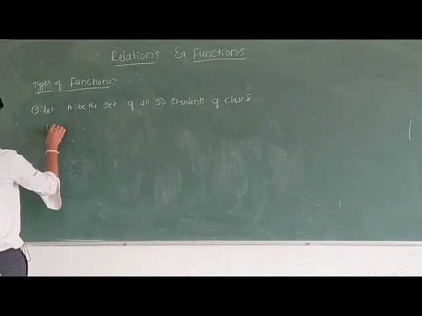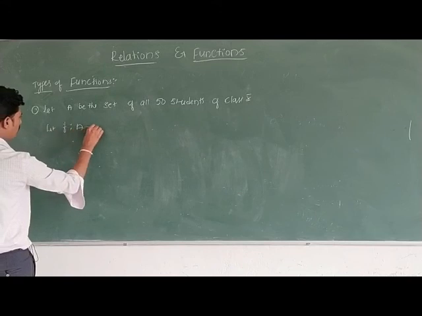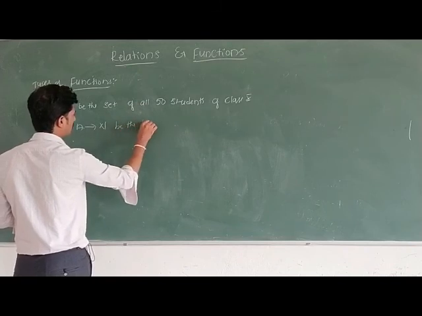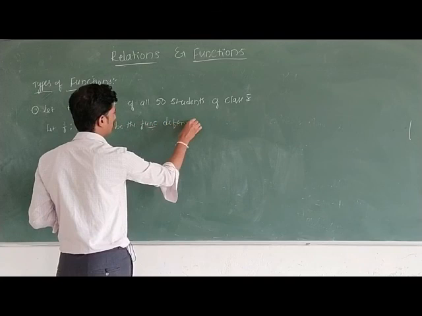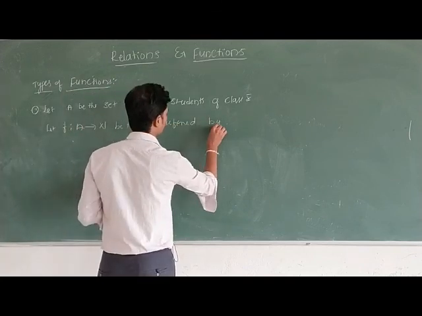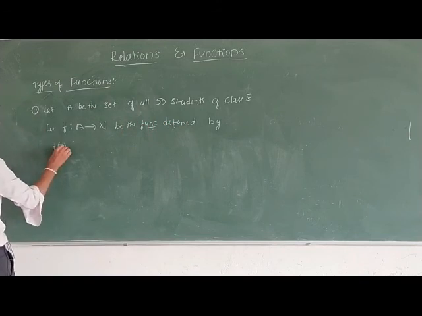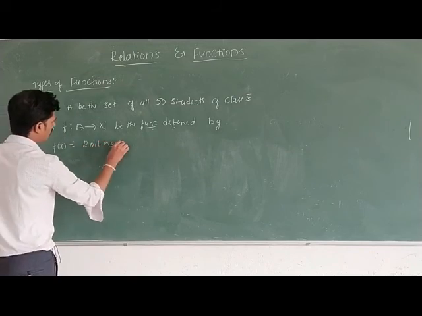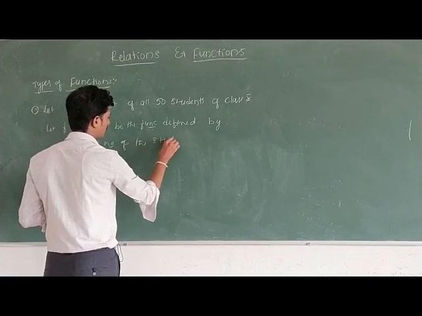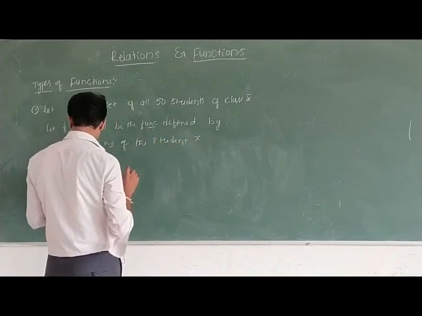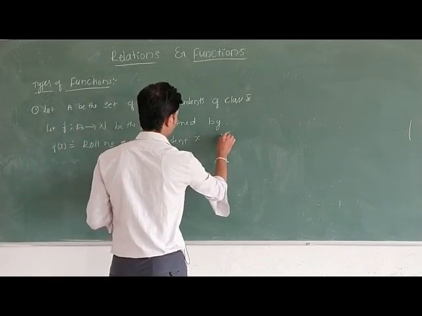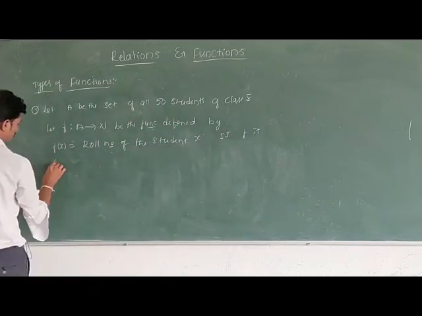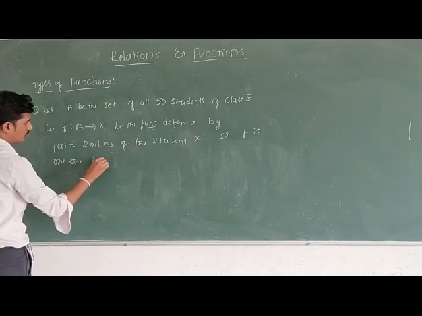A function f is defined from set A to set N, the natural numbers, by f of x is equal to the roll number of the student x. Show that f is 1-1 but not onto.